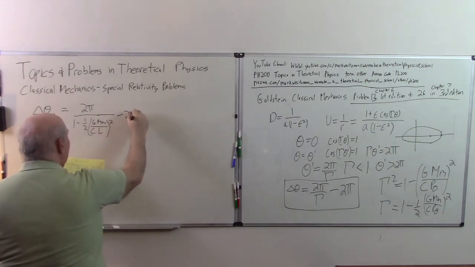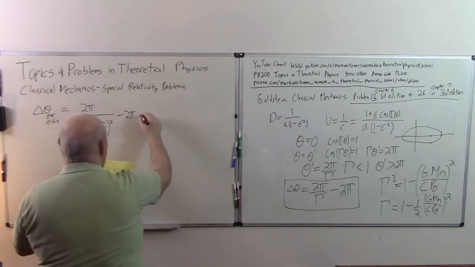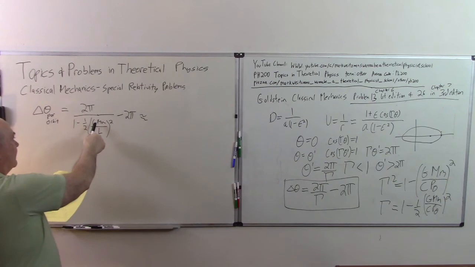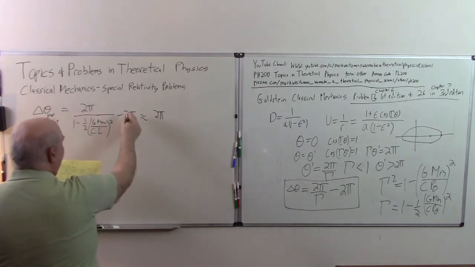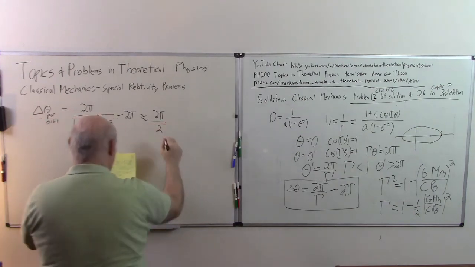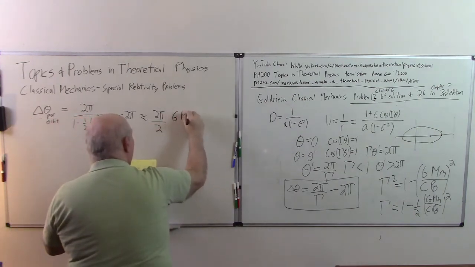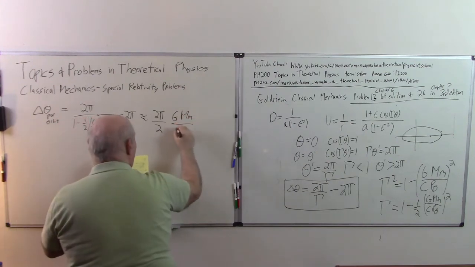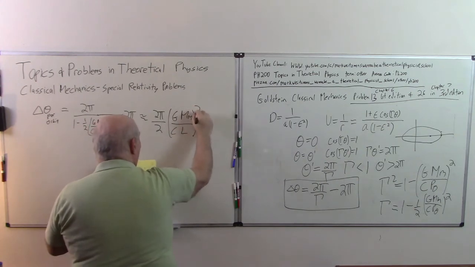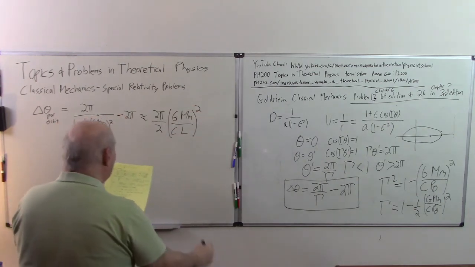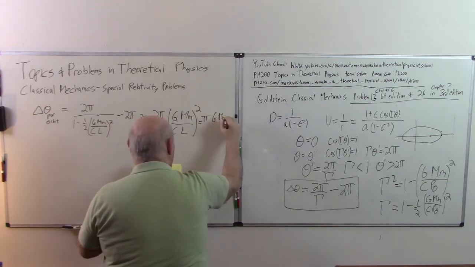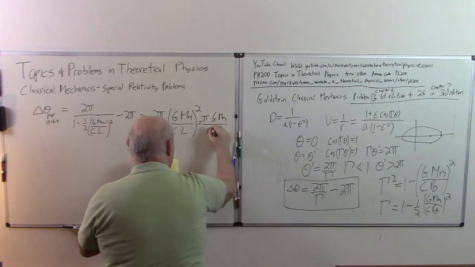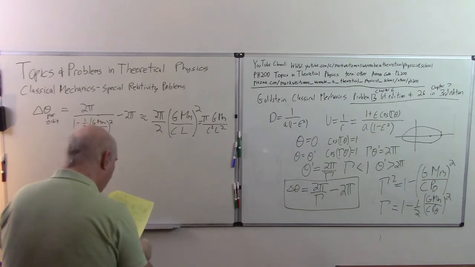Minus 2 pi, which is approximately equal to, using 1 over 1 minus x is 1 plus x, 2 pi times 1, we subtract off that, then we have the 1/2, so it's just 2 pi over 2 GMM over CL squared, and this is equal to pi GMM over C squared L squared.